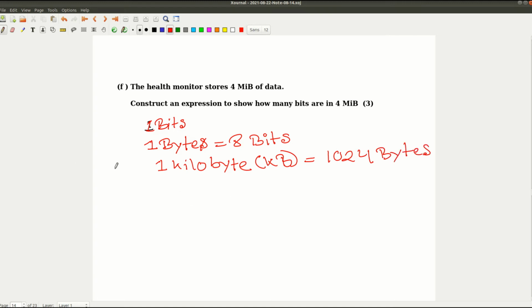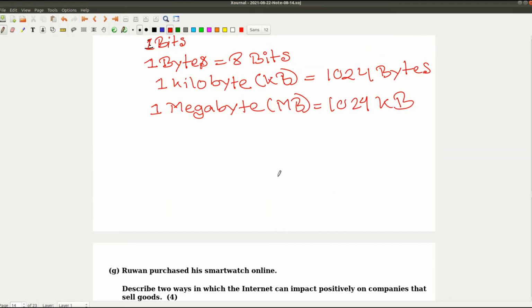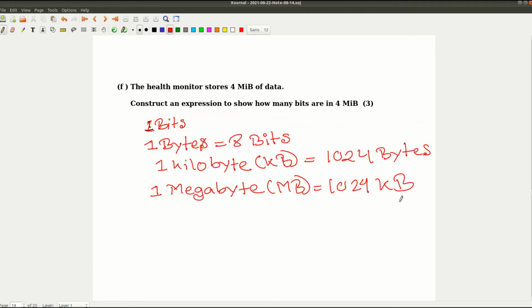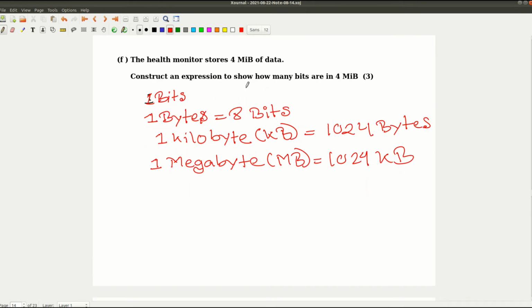And 1 megabyte, shortened to MB, requires 1024 KB, meaning kilobytes. We also have terabyte and gigabyte, but I will talk about them during the chapter video. So how do we do the calculation, how do we convert 4 megabytes?